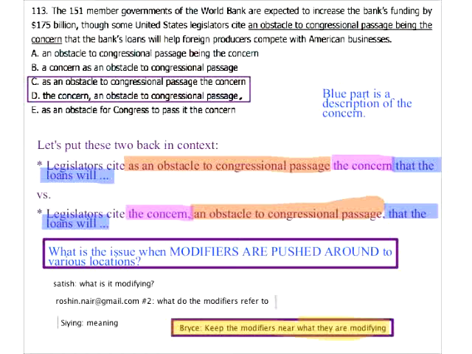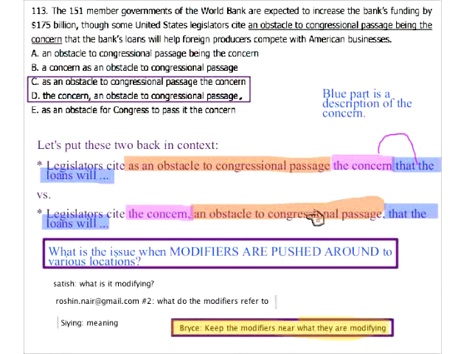So that's one thing that we like about choice C, is that these things are actually next to each other. Whereas this one puts this random modifier in the middle of those two things for no reason. The other thing is that the meaning of the sentence is that the legislators are citing this thing as an obstacle.